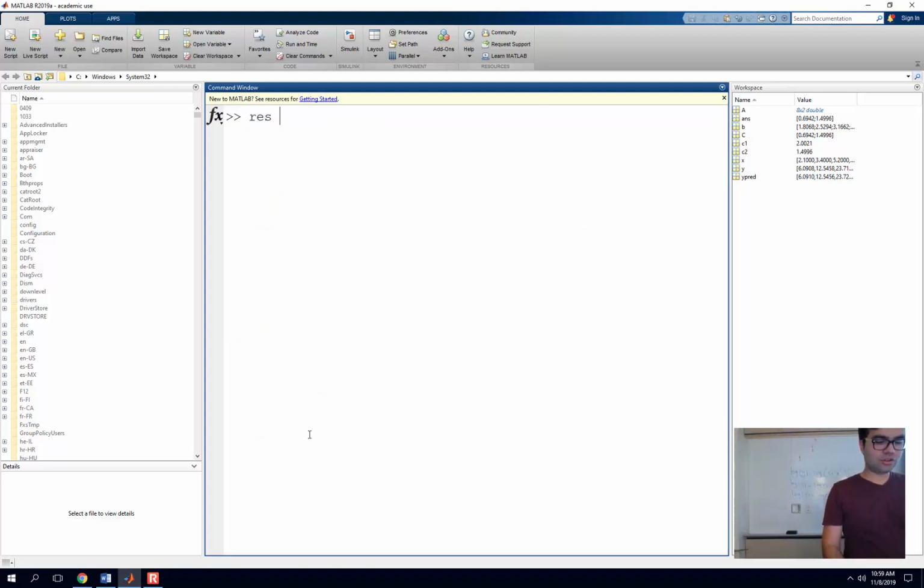So residual is y minus y pred. That's my residual. RMSE is root mean squared error. SQRT, root mean squared error. That's 0.03.